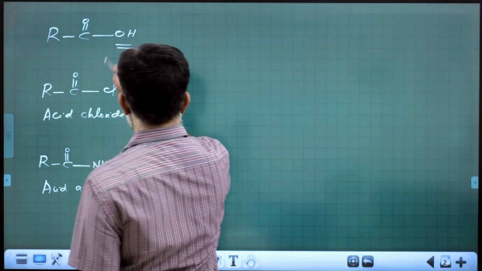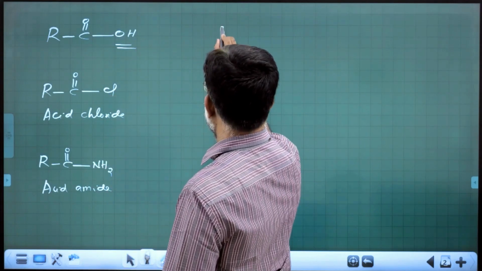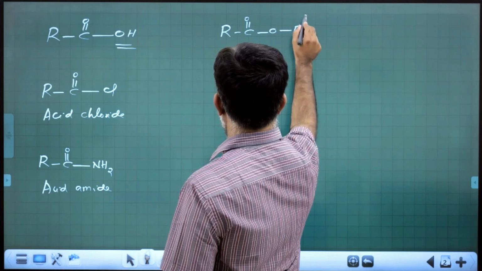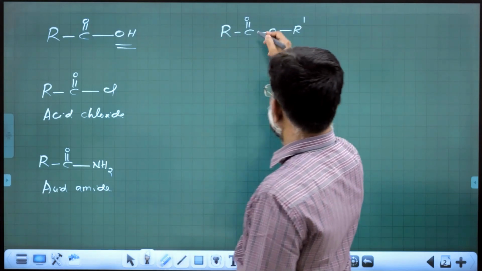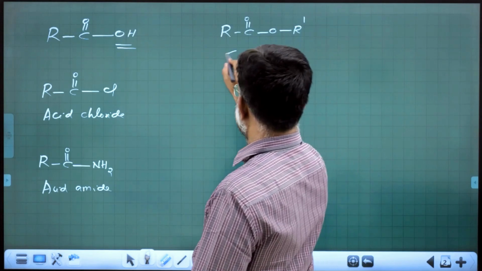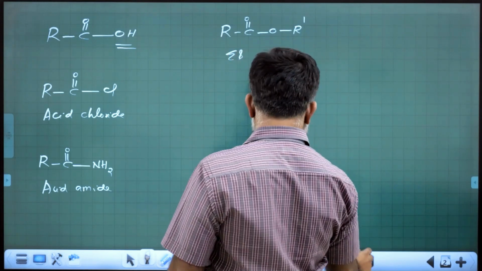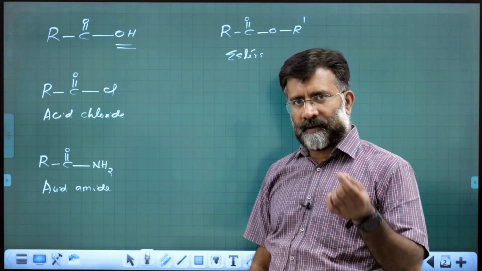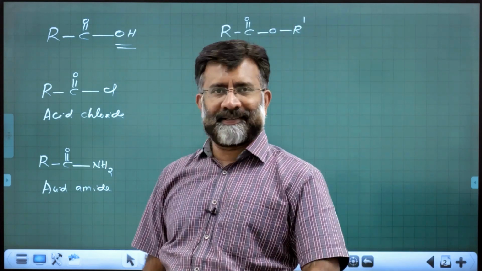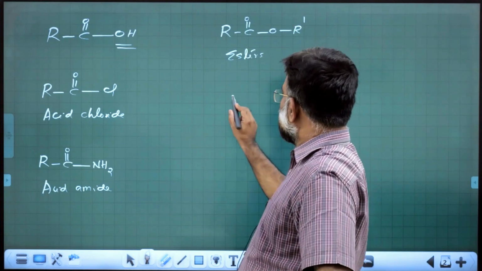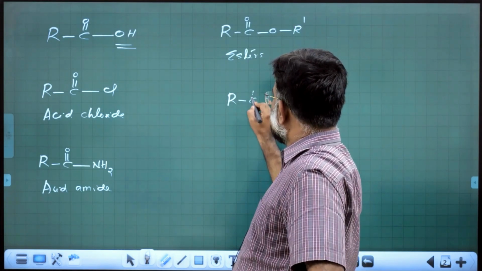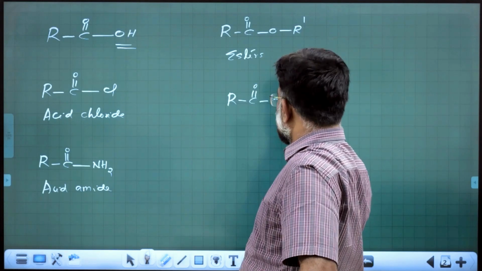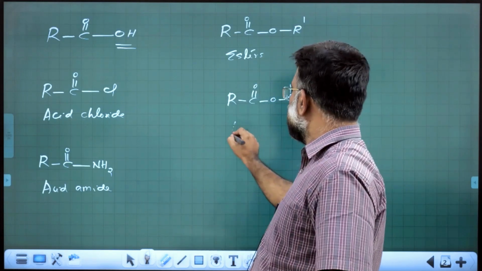And then when the OH group is replaced by an alkoxy group, you get RCOOR', esters. And then acid anhydrides, RCOOCOR, acid anhydrides.